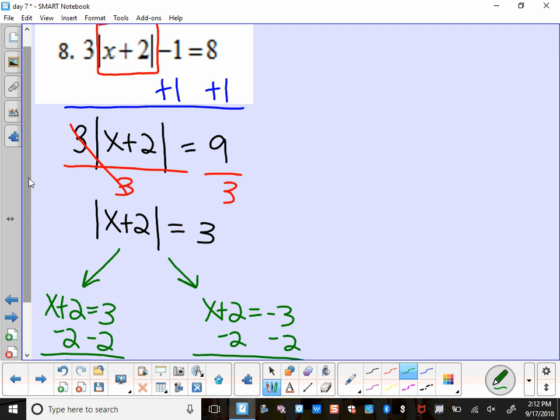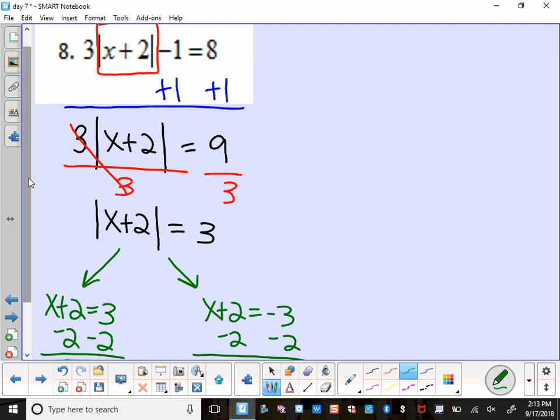You see it, Ronaldo? You put 9 instead of 8, because we had to get rid of this -1. So I added 1 first, and that was 9. Then I had to divide by 3.